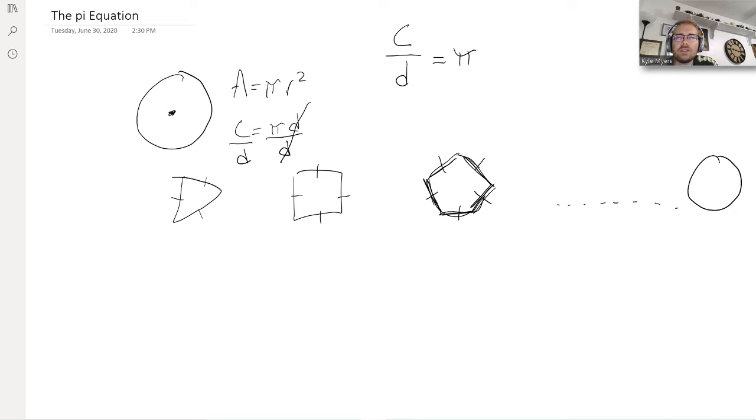Well, I can measure the diameter a couple different ways. I think the easiest way to measure the diameter would be to just go from the top to the bottom, or maybe from corner to other corner. If I measure that from top to bottom, that would basically be the diameter.